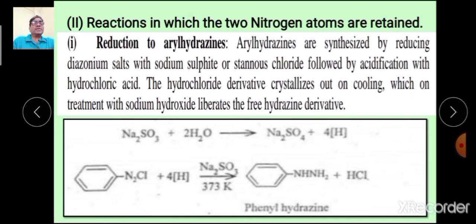In the first reaction, sodium sulfite is converted to sodium sulfate. Now this benzene diazonium chloride is reduced to phenyl hydrazine. Here the two nitrogens are retained.